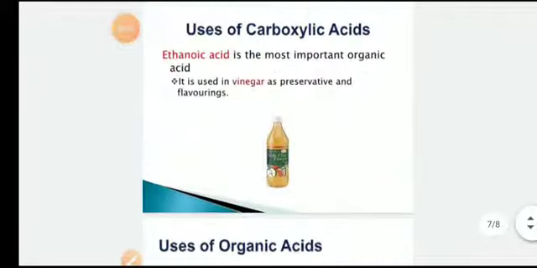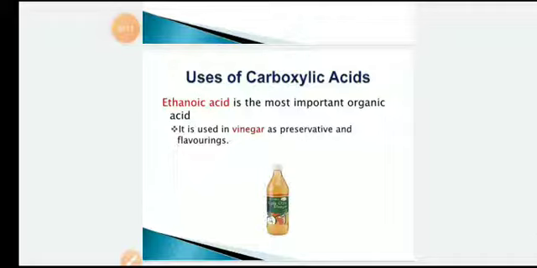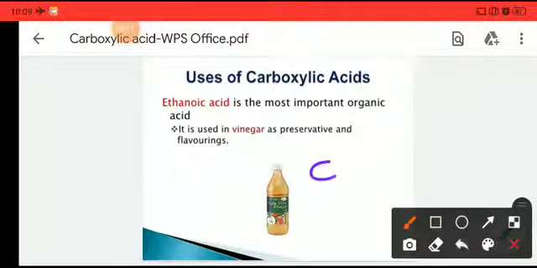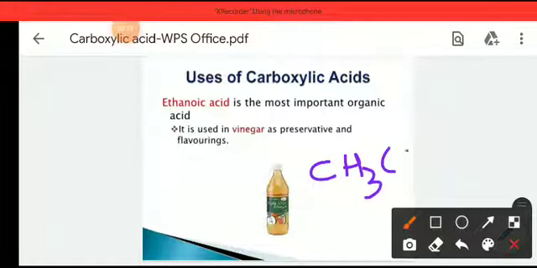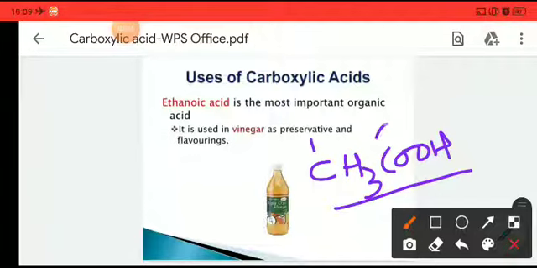So let's move to the uses of carboxylic acids. Ethanoic acid means acetic acid, that is CH3COOH. Ethanoic means the number of carbons is 2, so that is called ethane plus oic acid, that is called ethanoic acid. Ethanoic acid is the most important organic acid. It is used as vinegar, as a preservative and flavoring.